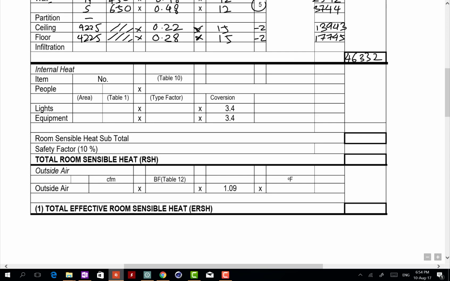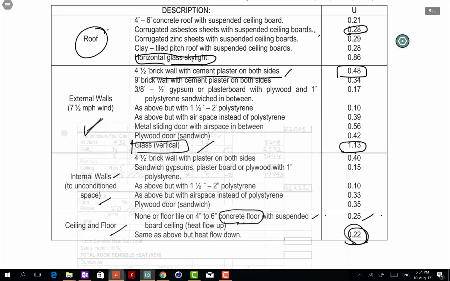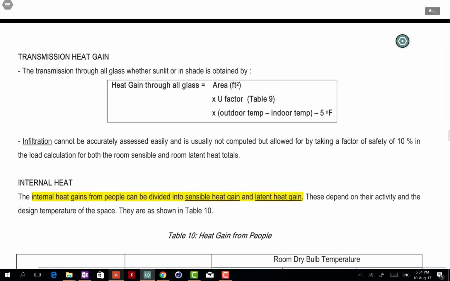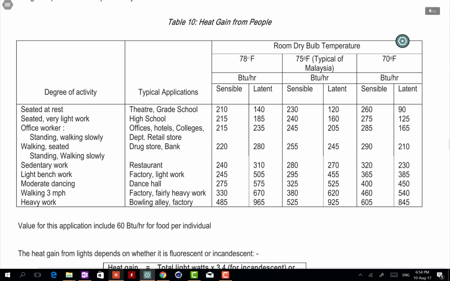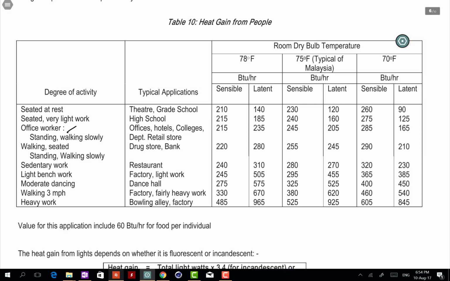Now we move to the internal heat. Okay, so for the internal heat, we need to consider people, light, and also equipment. People, how many people we use? 50. So this one is empty. Multiply with table 10. So let's check table 10. Alright, so we use degree of activity for office worker here.